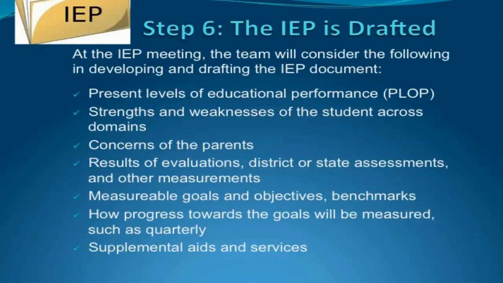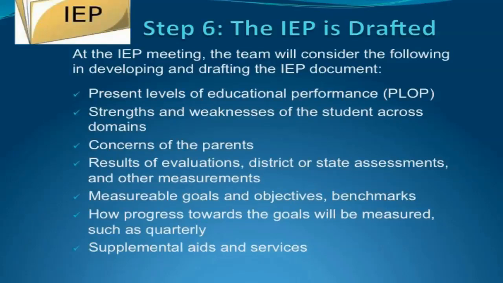It should also include the results of the evaluations from the initial evaluation or the re-eval, any type of district or state assessments, FCAT, which is going away this year, but whatever they have going on statewide, and other measurements such as classroom examples or quizzes or tests or end of course exams. Those are coming for a lot of you who are in middle school, high school, or your students are.